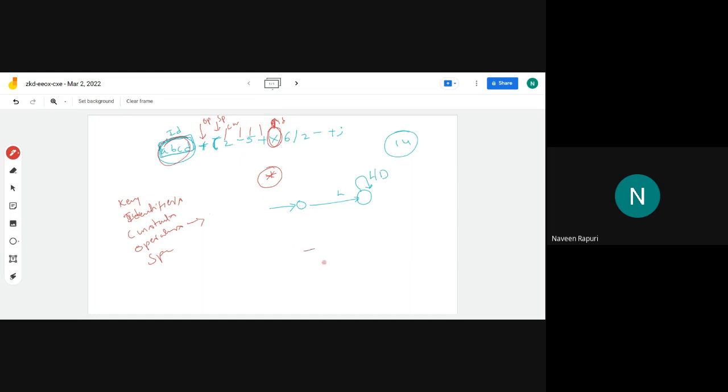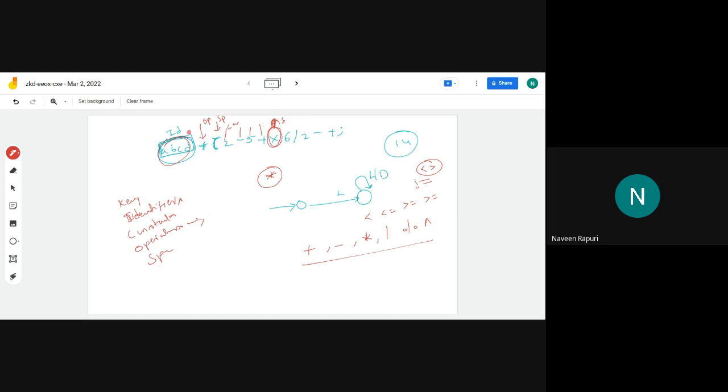The operator symbols are plus, minus, asterisk, division, modulo, caret, and also less than or equal to, greater than or equal to, not equal to. This is not an operator token, sir. This is an identifier token.